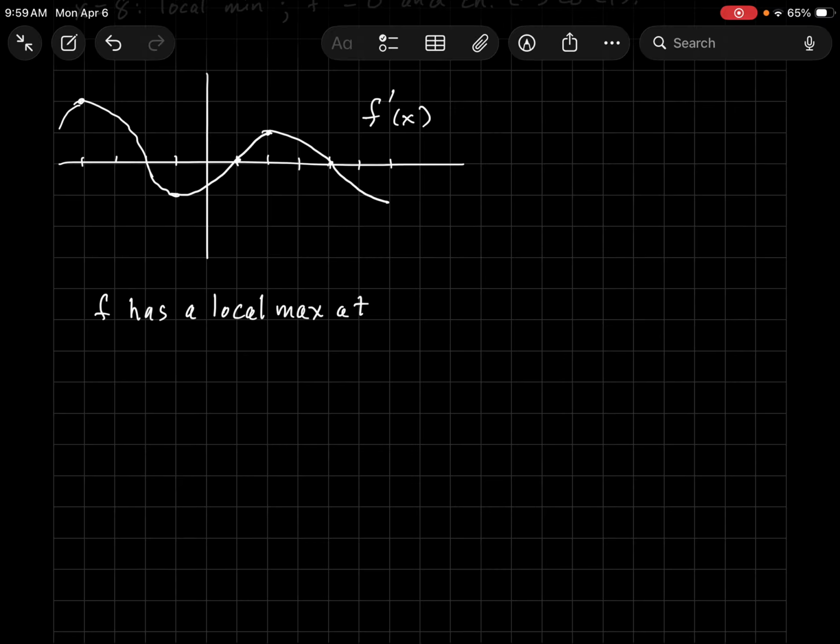And then why you think so, and then determine where f has a local min, and it might be more than one. Where do you think this occurs, and why do you think so?